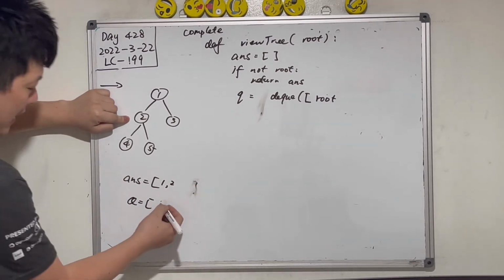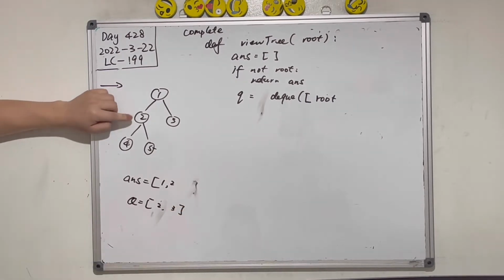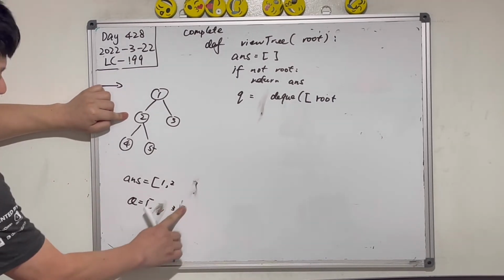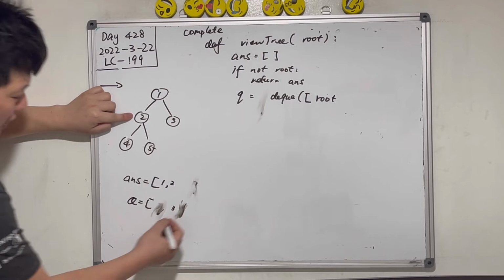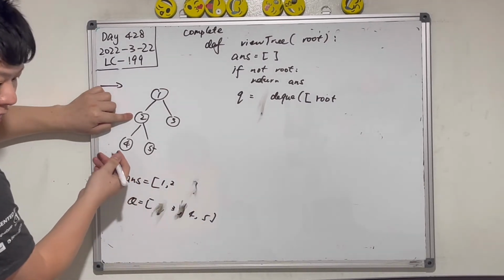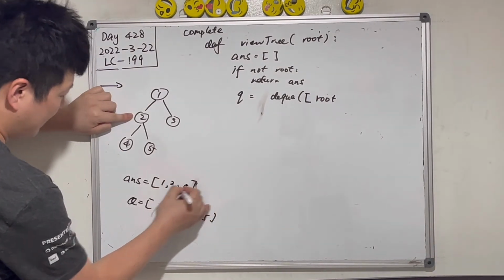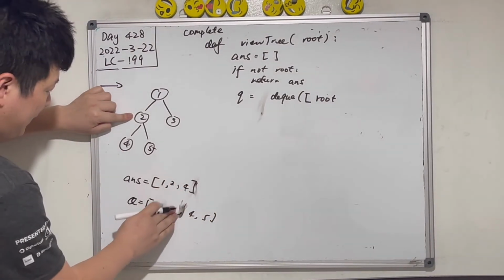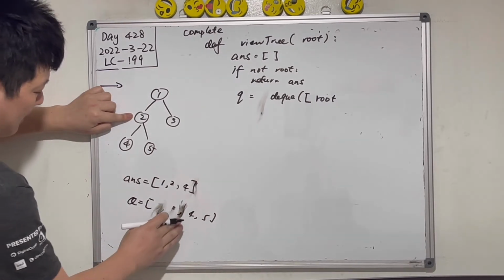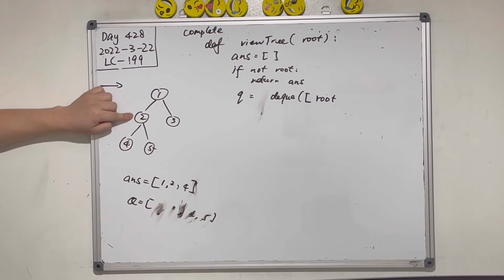But I have to put 2 and 3 in the queue. And I take the 2 out, I put the kids 4 and 5. 4 is the left hand side view, so I put it here. And then 3, I take it out, I don't do anything. 4, I take it out, it doesn't have any kids. 5 doesn't have any kids, okay?